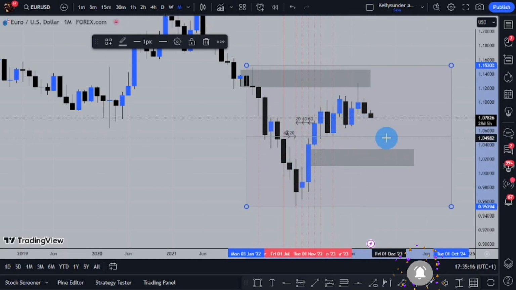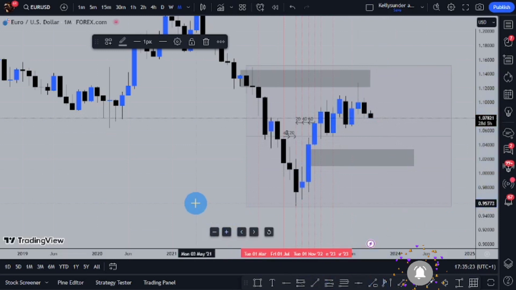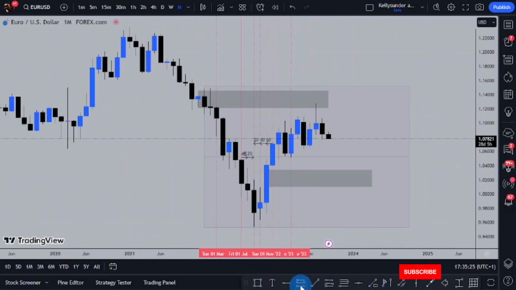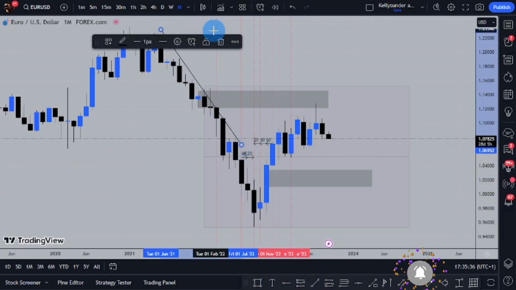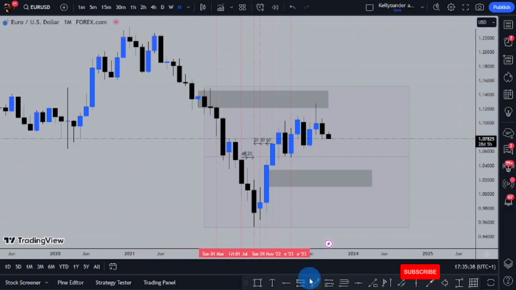Why here? Remember we have been on a downtrend on EURUSD. From here to here, you can see this is a downtrend, but right here there was a break of structure. Let me show you guys the break of structure. Over here there was a break of structure.